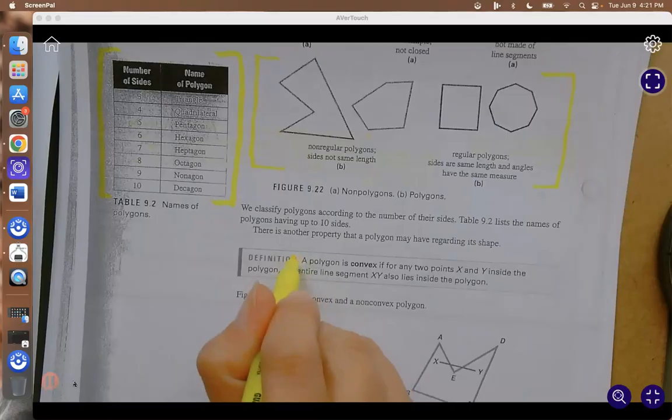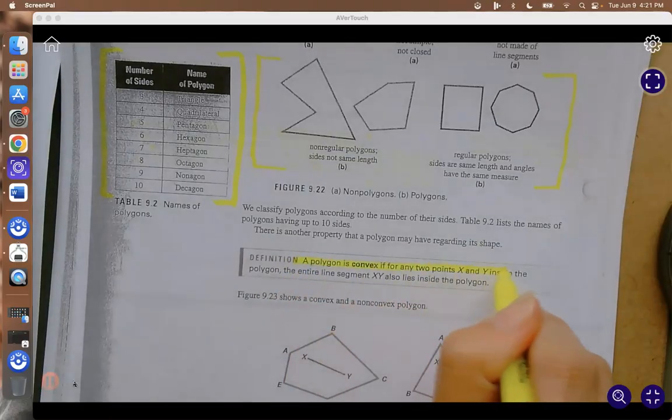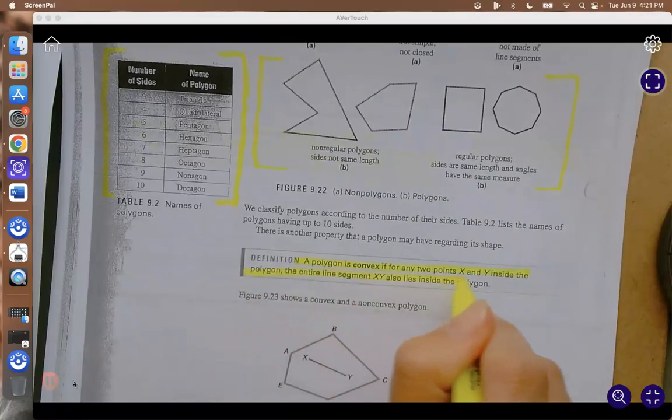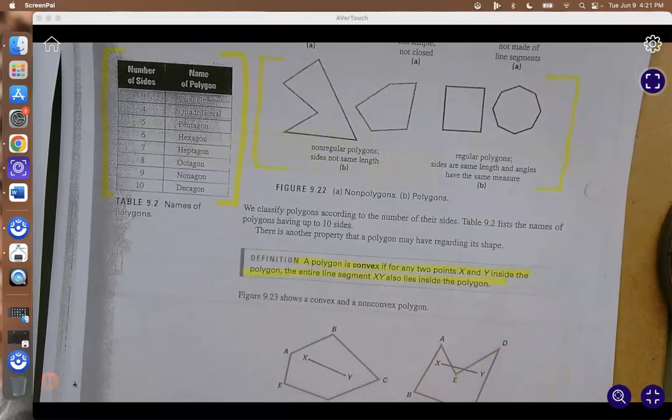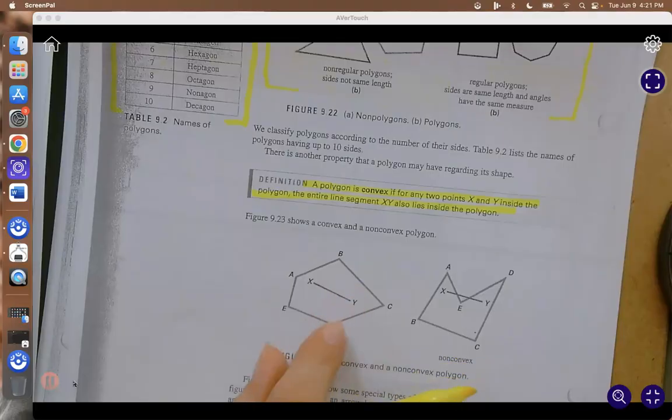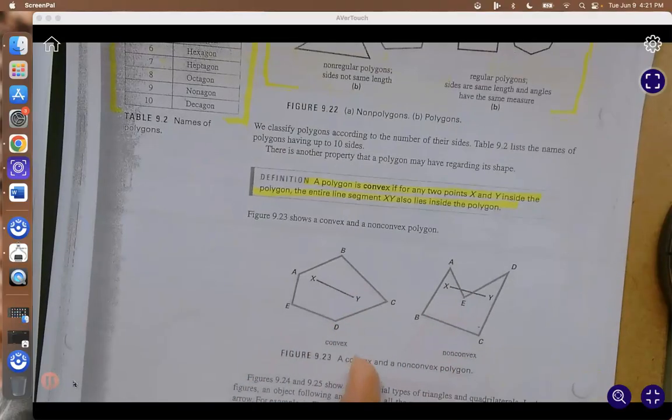So a polygon is convex if for any two points x and y inside the polygon, the entire segment also lies inside. So convex simply means everything points out. It doesn't look like it's been hit with a baseball bat. If it's dented in, it's non-convex.